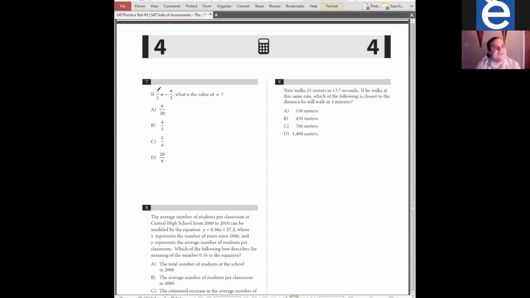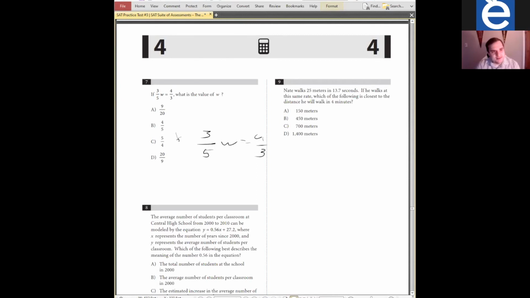If 3/5 W is equal to 4/3, what is the value of W? All right, so this is just pretty straightforward algebra, right? So all we need to do is clear the coefficient on the W. How do we clear 3/5?